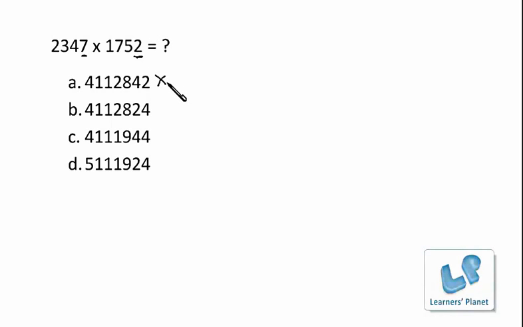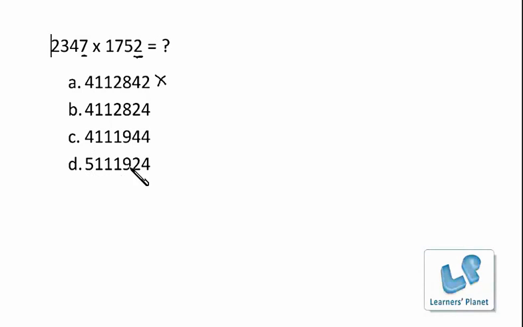Second thing, I'm just discussing 2-3 methods over here. It is 1752, that is around 1750, and this number is 2347, that is quite less than 3000. So the multiplication 1700 into 3000 will not give you a figure more than 4 as the first figure.